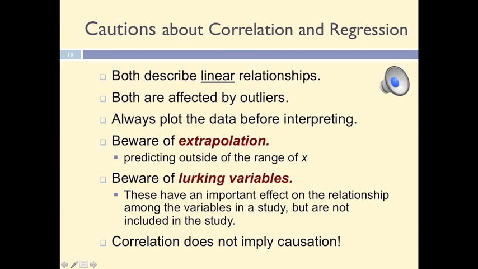When using regression analysis and interpreting the results, it is very important to keep in mind a few facts. First of all, the relationship between the two variables must be linear, and we have to check this assumption. Another thing that we must remember is that results are affected by outliers. So, when interpreting the results, we should not look only at the regression coefficients that the statistical software computes for us.